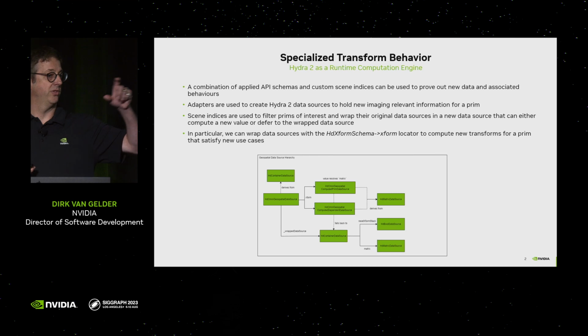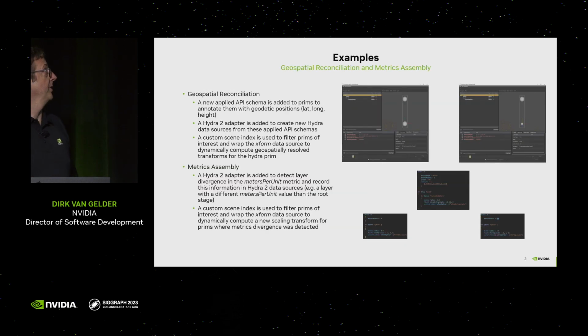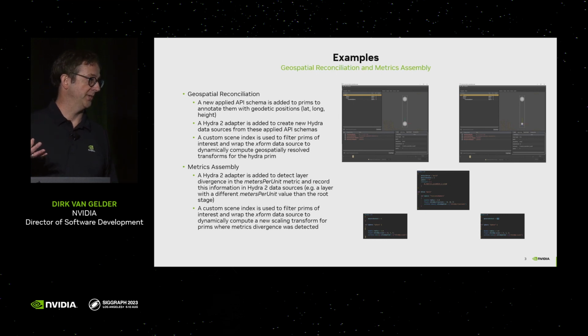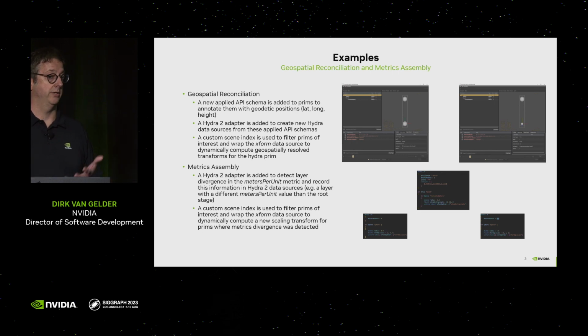You have to be able to position things around the curvature of the Earth. So how do you evaluate those transformations? We used API schemas and a scene index to evaluate geospatial transforms. And it was really quick for us to prototype this into our system and implement it using scene indices as a way to extend the runtime behavior that we see with Hydra.